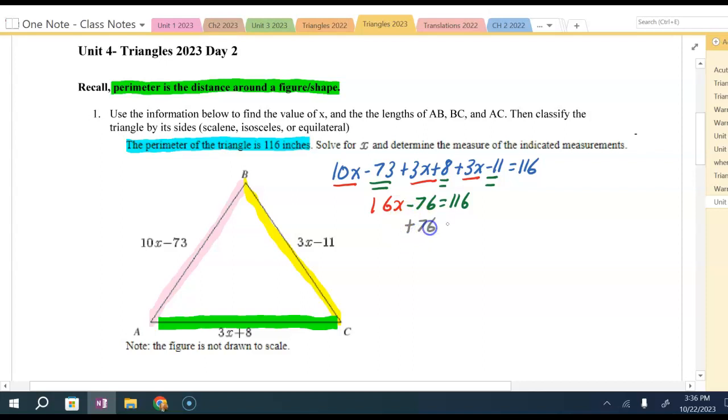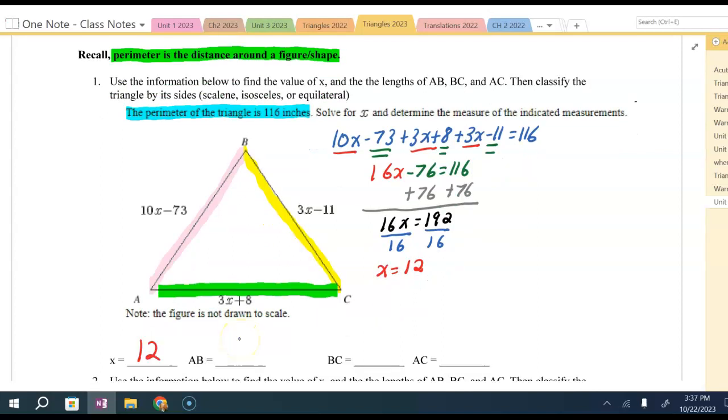We'll add 76 to both sides, and we'll get 16x. And please use your calculator. Is 192. We'll divide by 16, and we get x is 12.